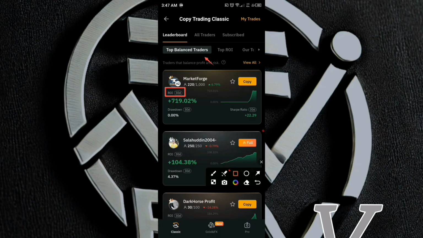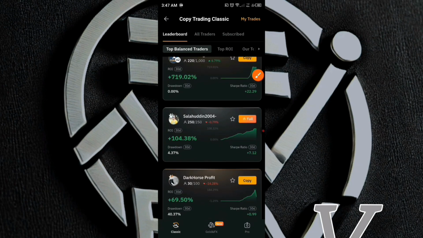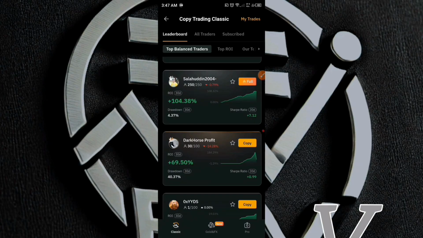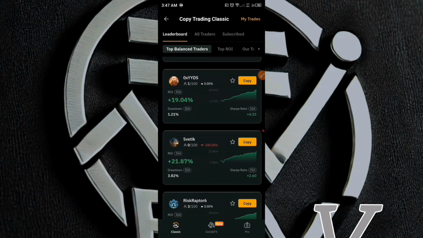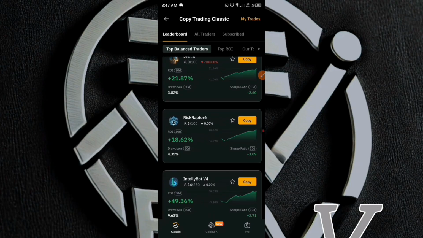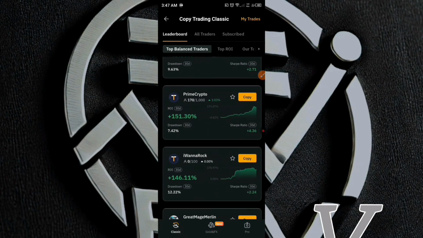If you check the second person on this list, he has a return on investment of 104.38%, which is lower than the first, but still not bad and quite okay. He still has a drawdown of 4.37%, which means he has made a loss of 4.37% during the past 30 days. That's an example of a top balance trader.